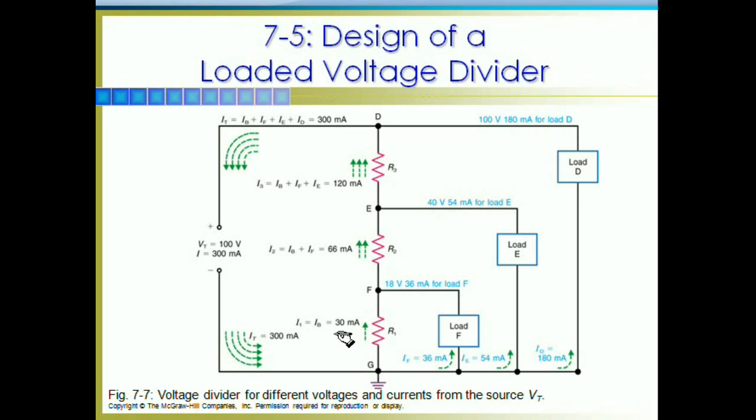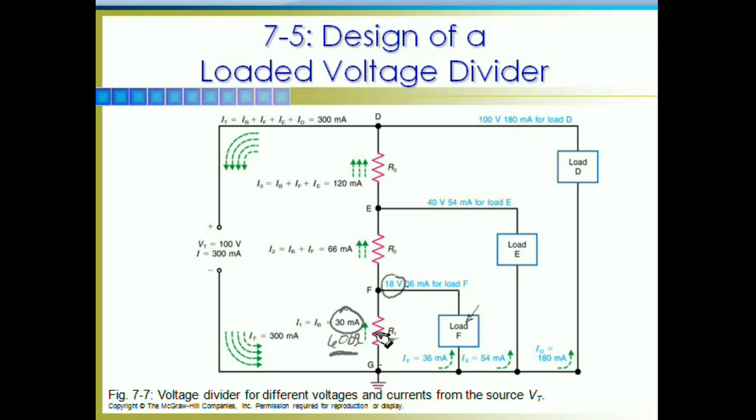So R1 here is going to be about 600 ohms. For my voltage divider, R1 has got to equal 600 ohms, because that's what's going to give me 30 milliamps at 18 volts.